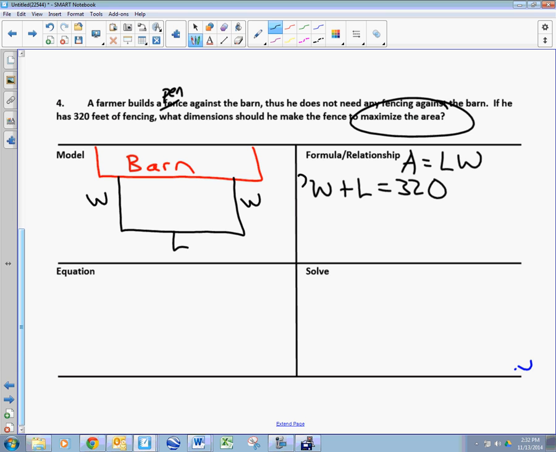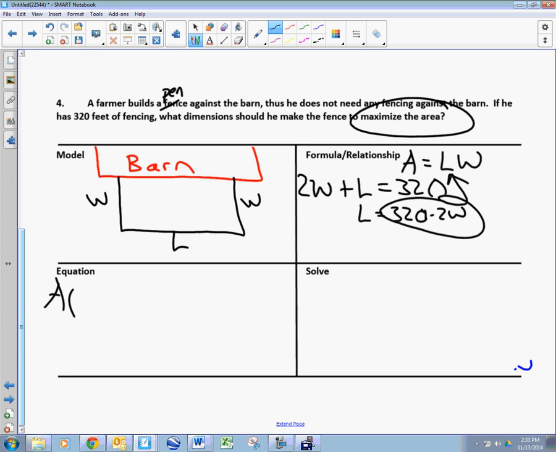How many W's do I have? 2 of them. 2W plus L is equal to 320. So let's break it down to one variable. So I'm going to solve and say that L is equal to 320 minus 2W. So we'll take that and plug that back in for L.